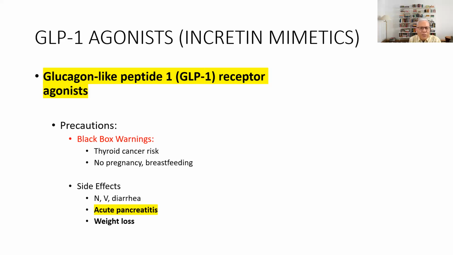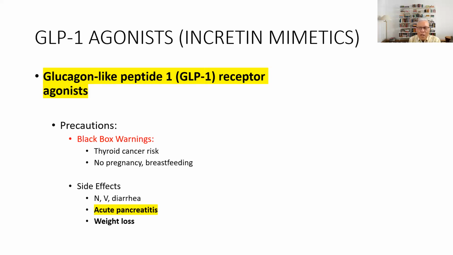There's also another drug that can be taken once a week only. Again, the contraindications are, of course, that if the patient is hypersensitive or the patient is pregnant, this is not going to be a drug for them.